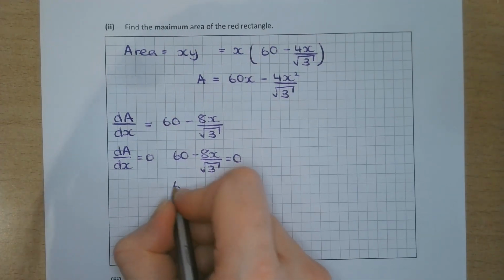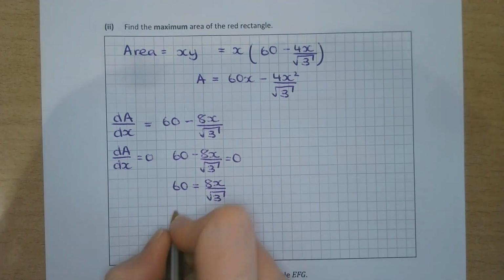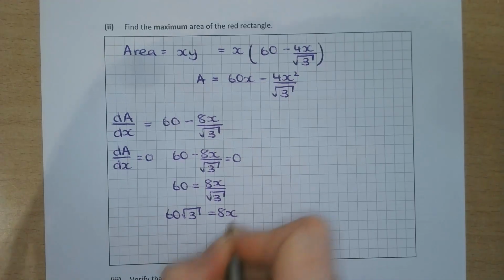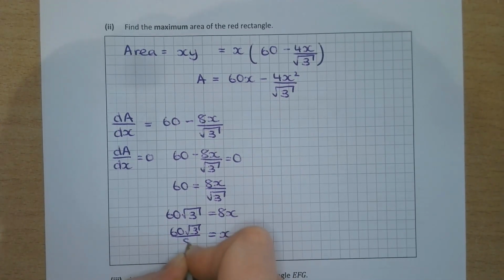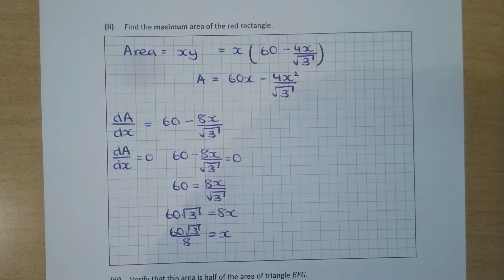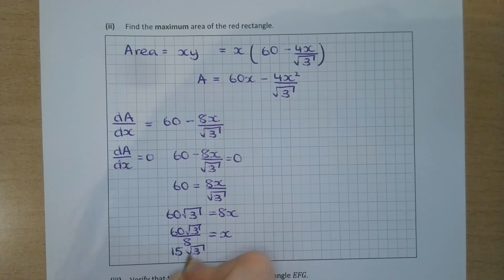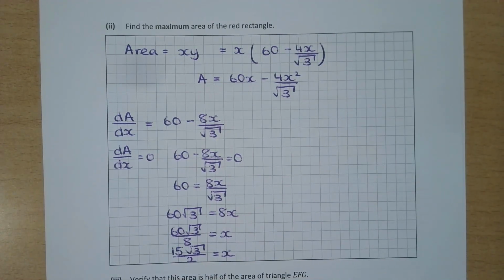So 60 will be equal to 8x over root 3. 60 times root 3 will be equal to 8x, and x will be equal to 60 root 3 over 8. I can't get a whole pile of simplifying there, but I could simplify it to 15 root 3 over 2. Okay, so that's my value of x.